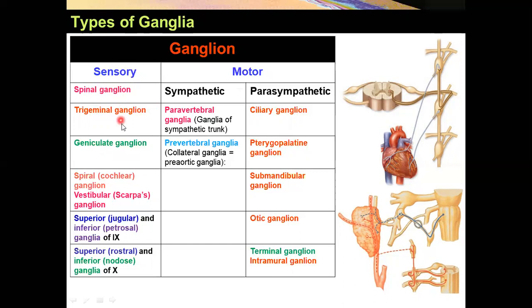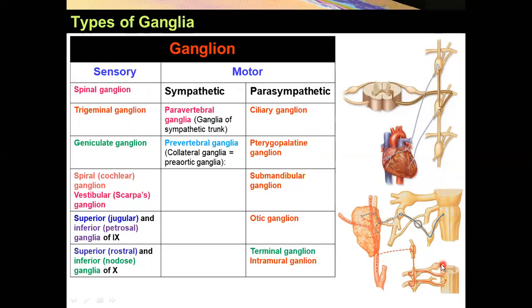So in the body, there are several sensory ganglia. In the sensory ganglia, there are the cell bodies of the sensory neurons and no nerves synapse in the sensory ganglia. Now, there are the spinal ganglia. Look, this is the spinal ganglion.